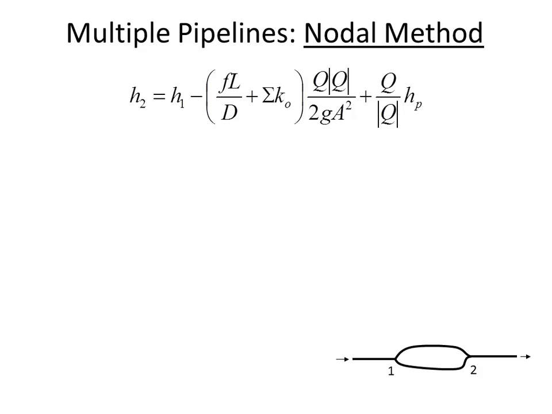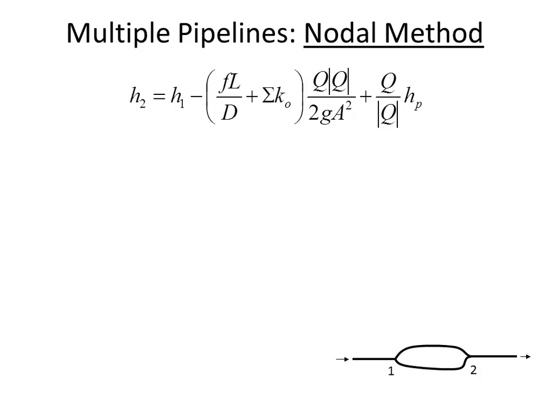Z1 plus P1 divided by gamma plus V1 squared divided by 2g plus HP is equal to Z2 plus P2 divided by gamma plus V2 squared divided by 2g plus fLV squared divided by D2g. All right, so what's the relationship between the energy equation that I've written on the board and what we're looking at here on the screen right now.